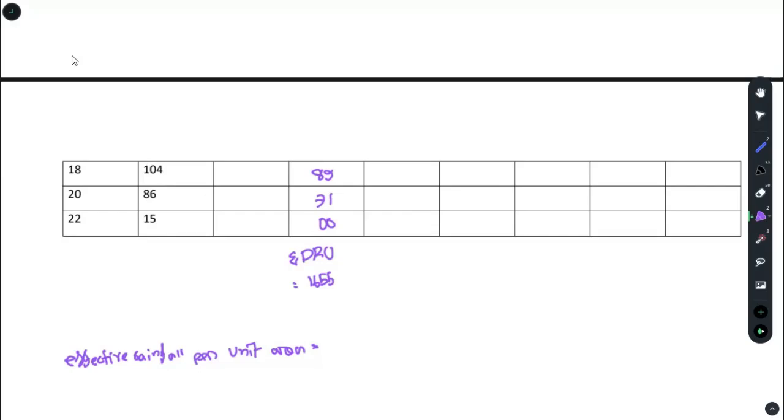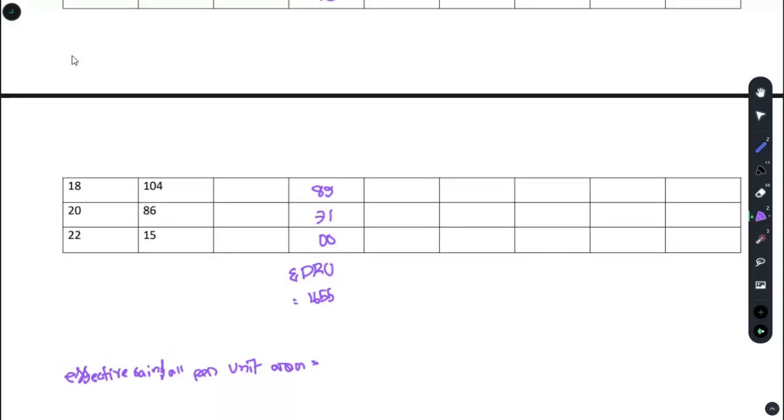So we had a direct runoff of 1655, and it occurred for how many hours? It occurred for 3 hours or anything else.